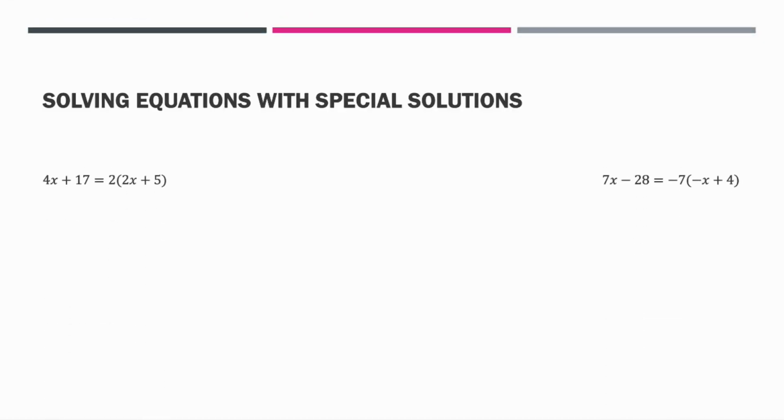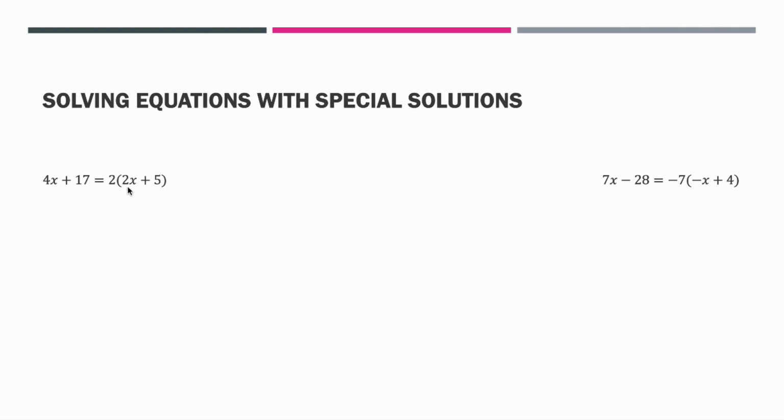Alright, let's try some examples with special solutions that are different from the norm. So, 4x + 17 = 2(2x + 5). Let's try solving this. You don't need any additional vocabulary for this because you already know how to solve equations like these.